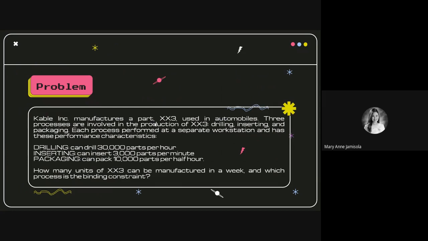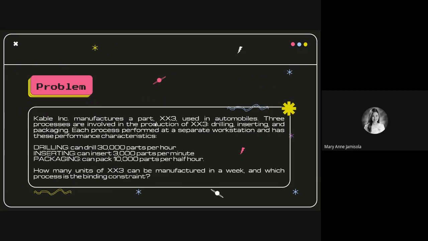How about for the drilling? You can drill 30,000 units per hour. How about for inserting? You can insert 3,000 parts per 5 minutes. So that is equivalent to 36,000 parts per hour. So the constraint here is the packaging function because that limits your output for the week.